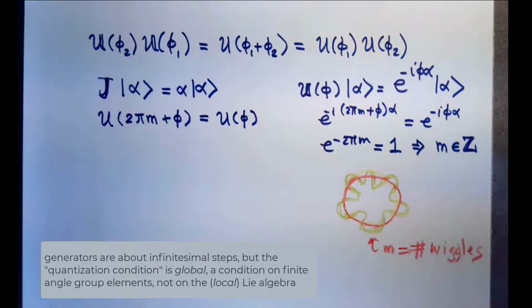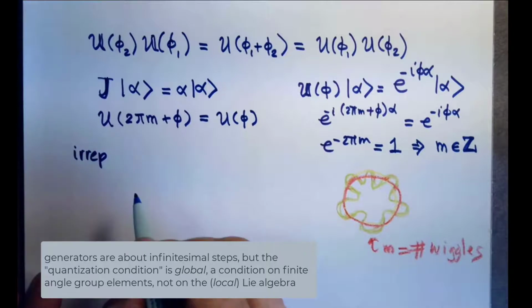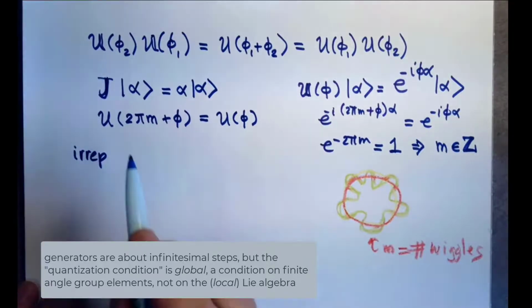So that's what that guy means. And now we can define eigenstates and eigenspaces, so irreducible subspaces and irreducible representations, which you label some way or other.